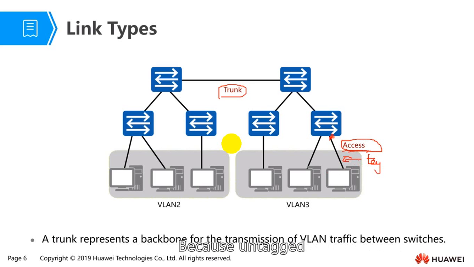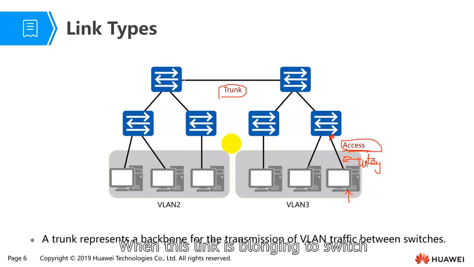We call it untagged, because all Ethernet frames on this link belong to one VLAN, so no tag is needed. Of course, usually the PC, the host, does not support a tag.